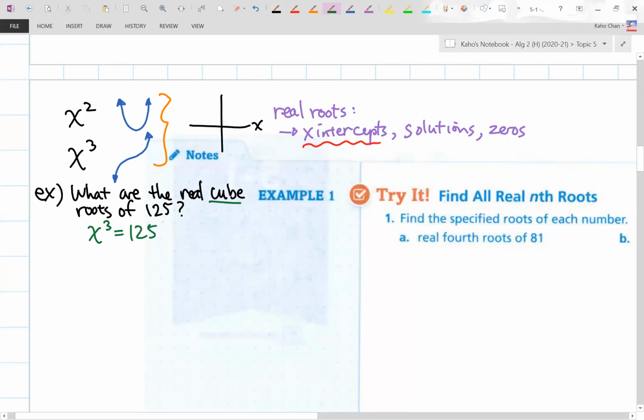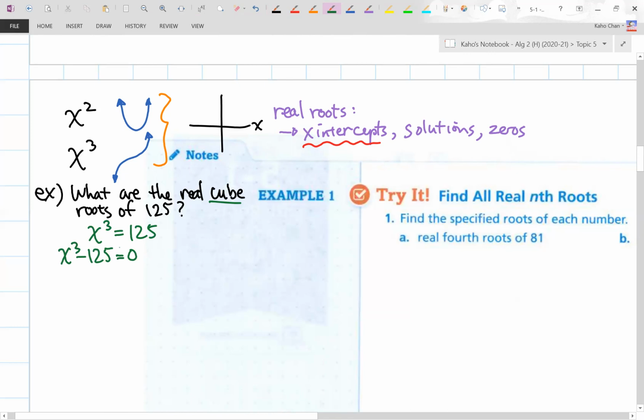Using order of operations, we're going to go ahead and undo operations and solve this problem. There's actually 2 ways to do this problem. If I move the 125 over by subtracting, my equation now becomes x to the third minus 125 equals 0.